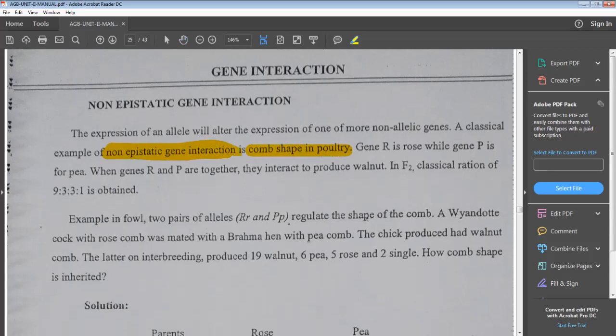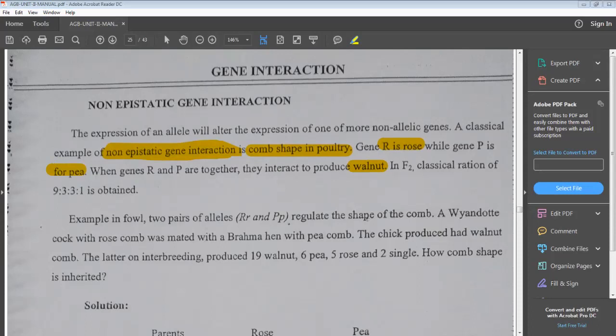Here, gene R is for rose, gene P is for pea, and when genes R and P are together, they interact to form a walnut. These are different kinds of comb shapes.